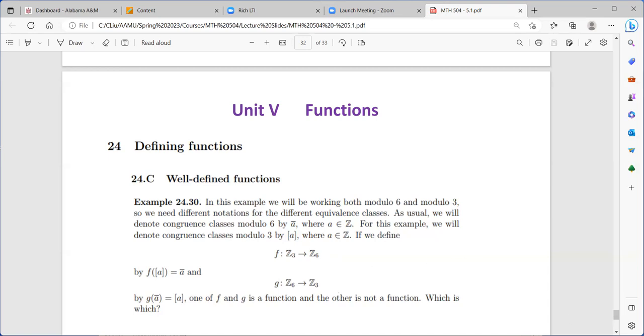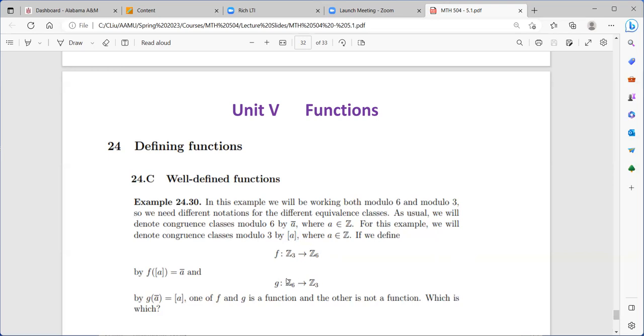Let's see how we approach this problem. It turns out that g is a well-defined function, but f is not. And we'll see why.